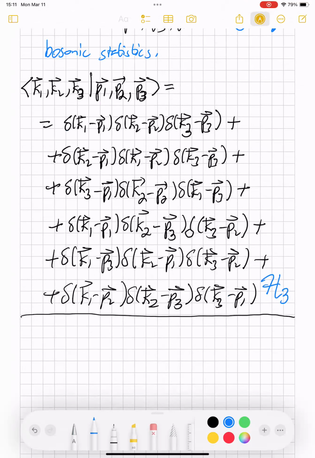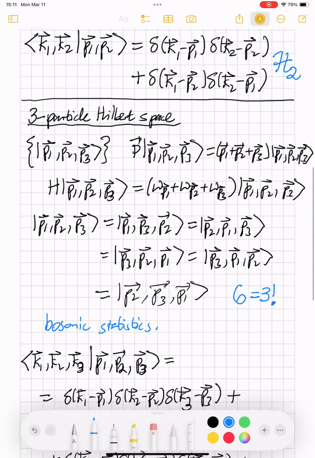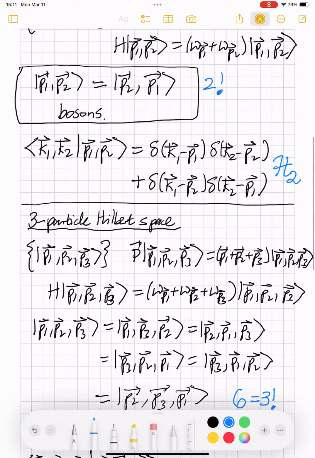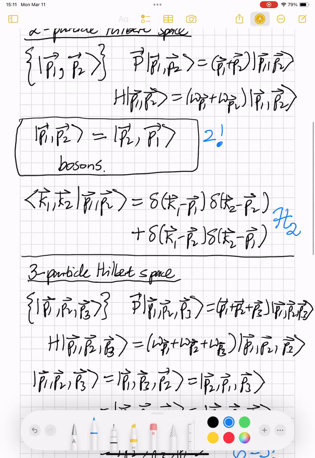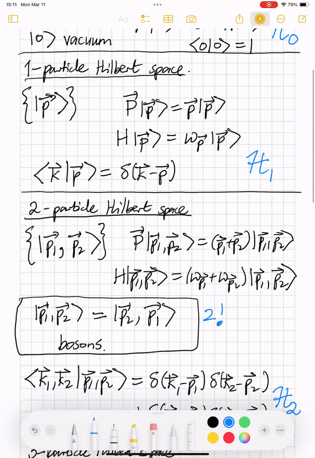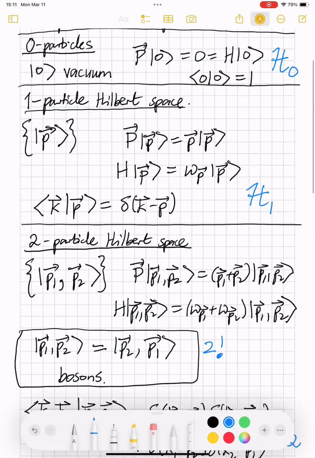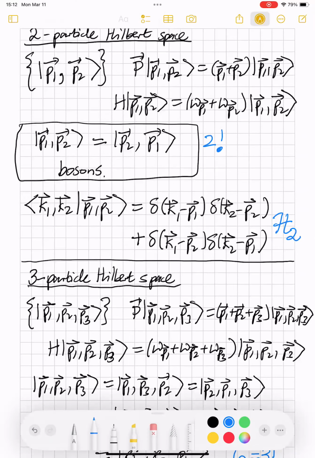Now, in quantum mechanics, if you were, say, studying an atom or an electron, let's say you're studying an electron, you might be living inside the Hilbert space H1. Perhaps you study a proton surrounded by an electron, so that's some sort of an atom. Then you might be studying a problem in the Hilbert space H2.